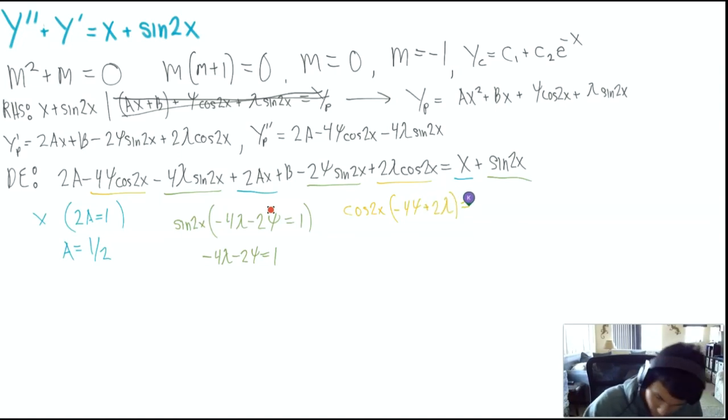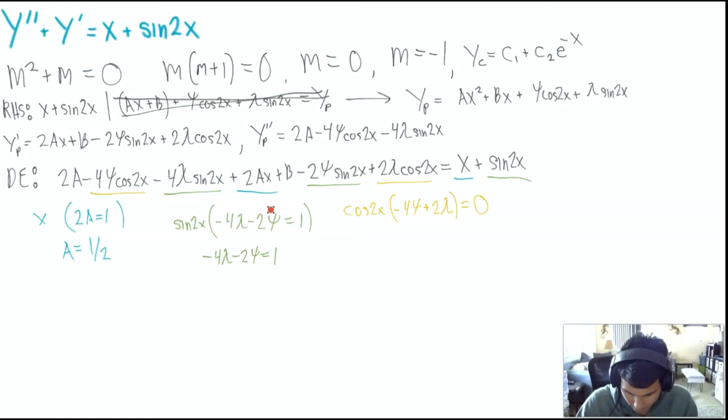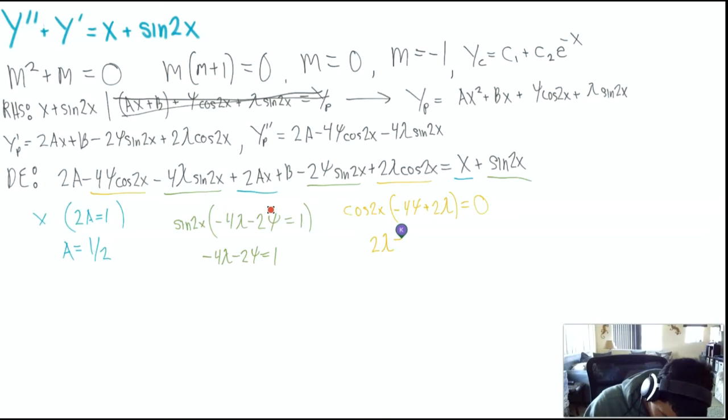And that is equal to 0. Okay. So then we can already see that 2 lambda is equal to 4 tritant. Thus, lambda is equal to 2 tritant.